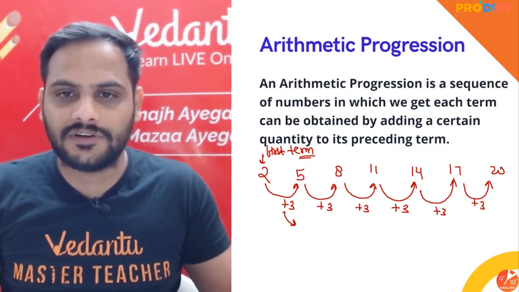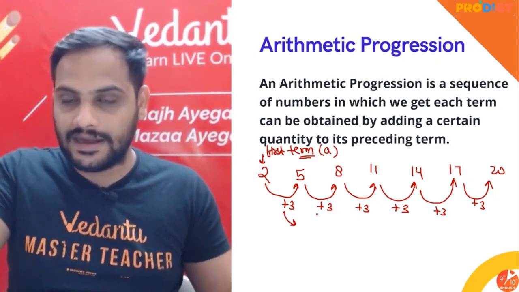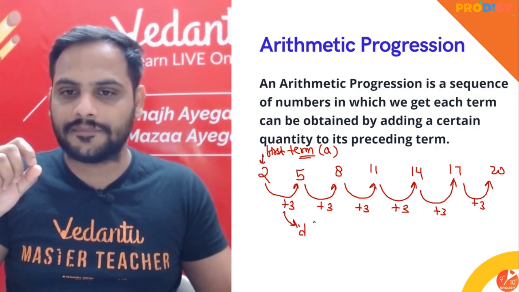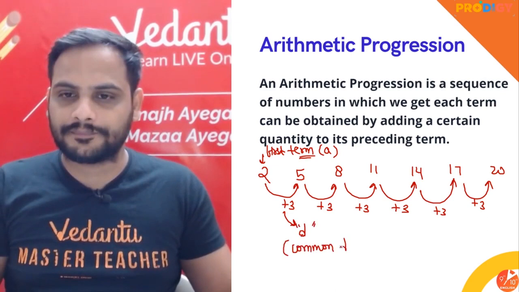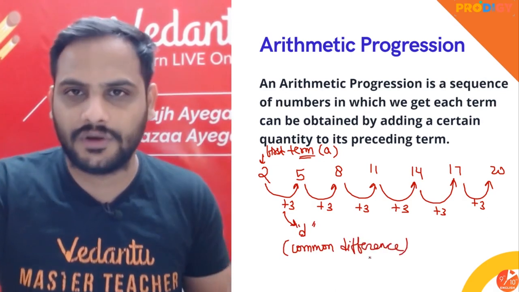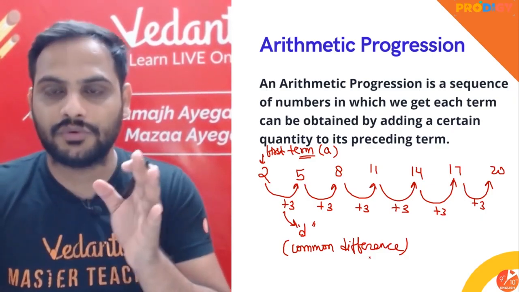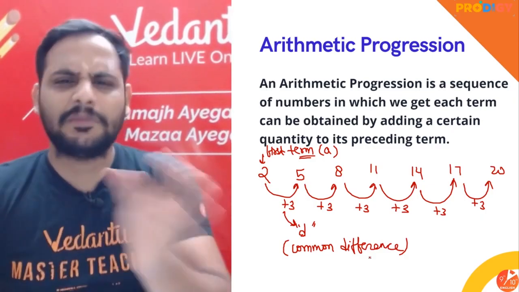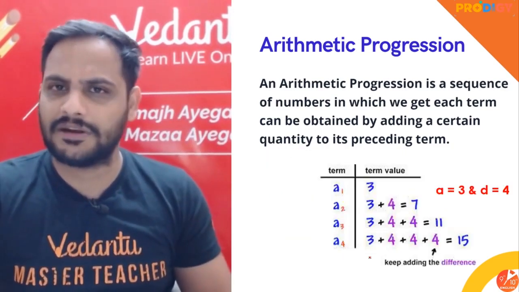So let's write the first term as A, and whatever common number we are adding every time, let's write it D, and it is called the common difference. Alright, so A and D are very important to get any arithmetic progression. The remaining numbers, keep adding the common difference every time and you will get your arithmetic progression.